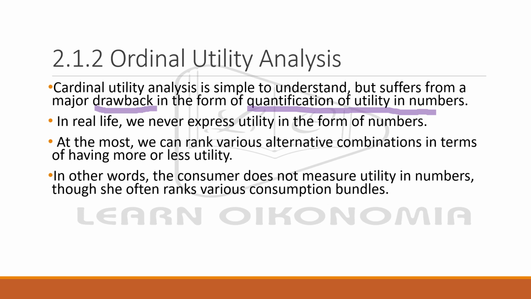But the ordinal utility analysts told that okay, you cannot measure utility and you cannot express it in terms of a single number, but what you can do instead is rank these utilities. You can rank the various alternative combinations of different commodities, and you can say whether one particular combination is giving you more or less utility compared to the other combination, but you cannot measure the utility in terms of numbers.